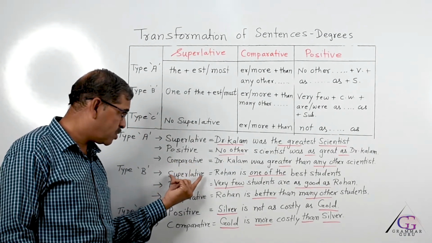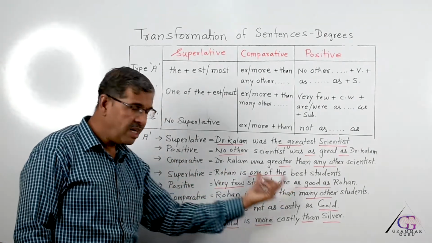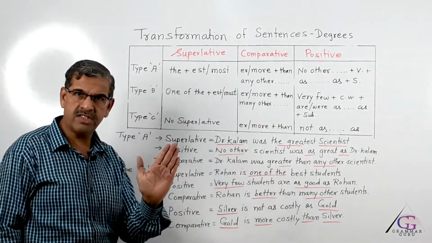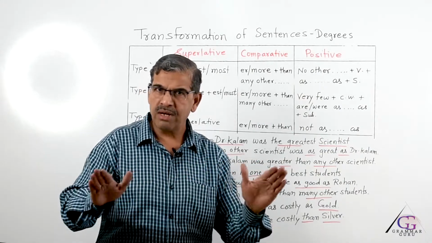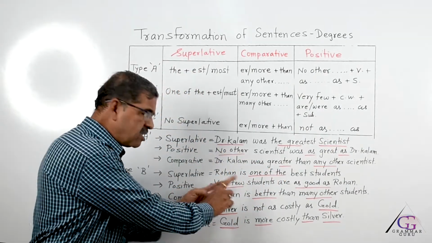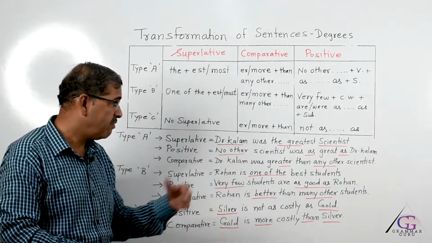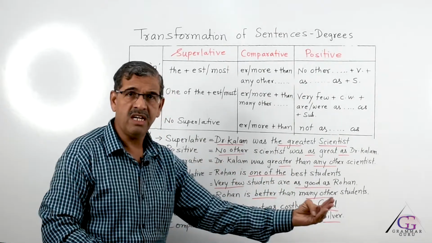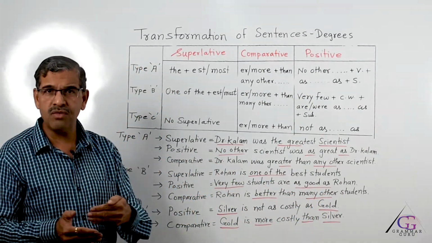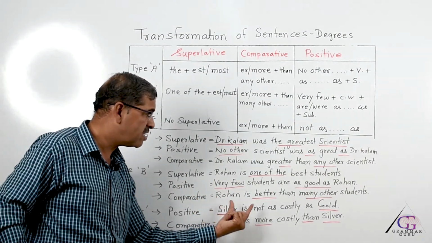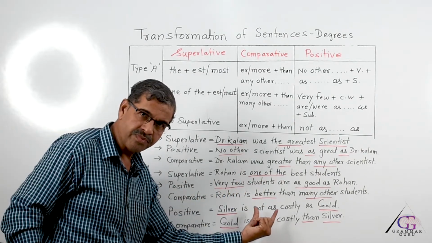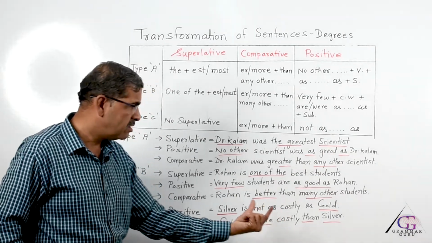Now, how will you change a superlative sentence in type B into a comparative? Rule is same, keep the subject and the verb without any change. So, "Rohan is" will remain without change. Then we have to remove the words "one of the" and we have to place the comparative form of the adjective, and the answer is "Rohan is better", which is the comparative form of good.